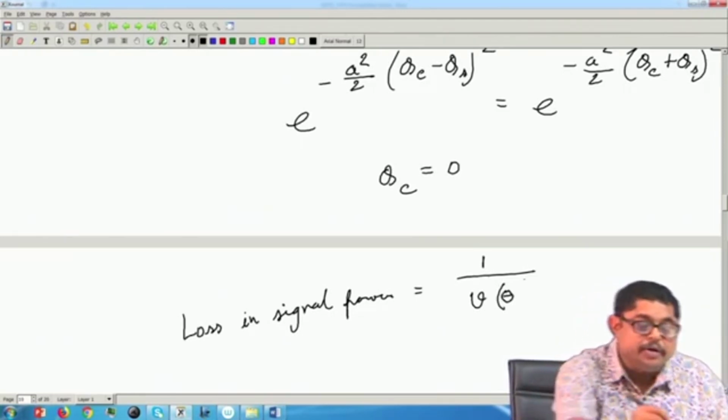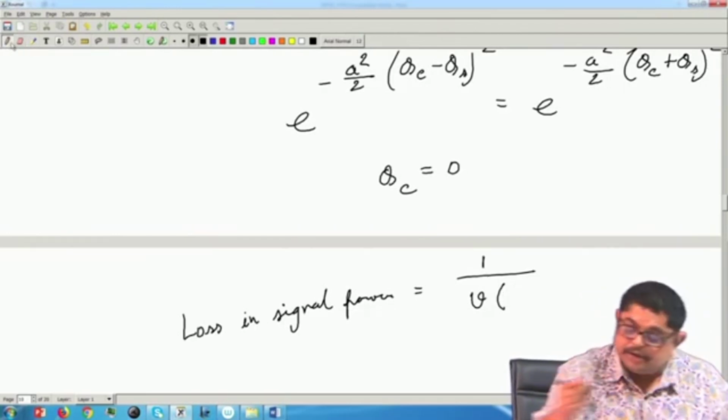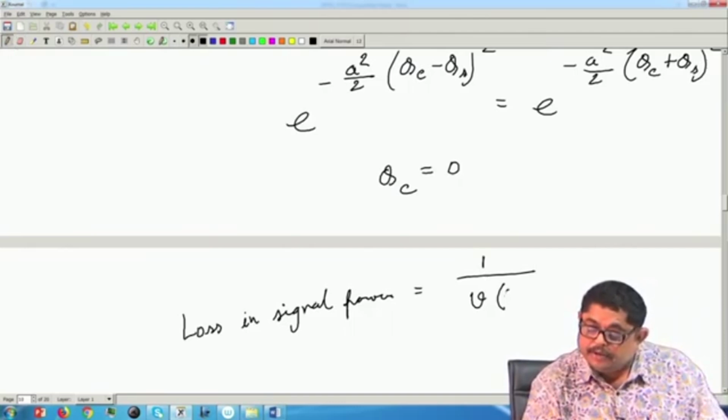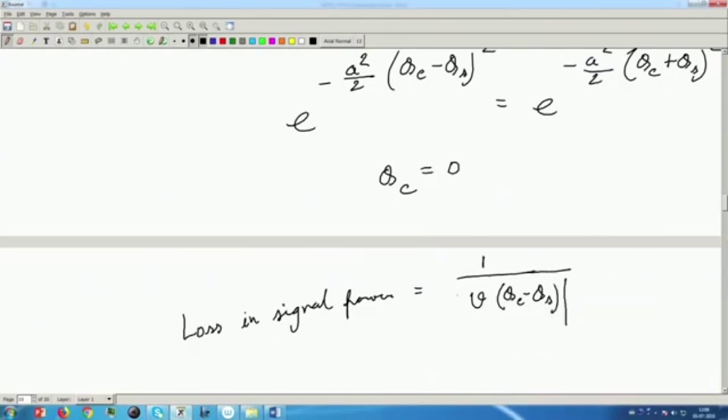So, let me write, because later you will understand, magnitude of V theta c minus theta s, and that is 1 by V of theta c is 0, minus theta s magnitude. For signal power, this is to be squared.